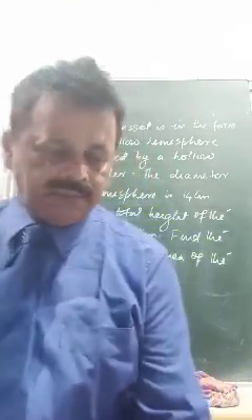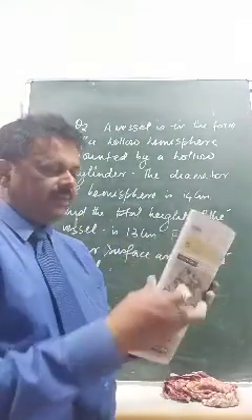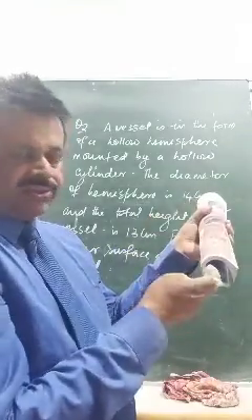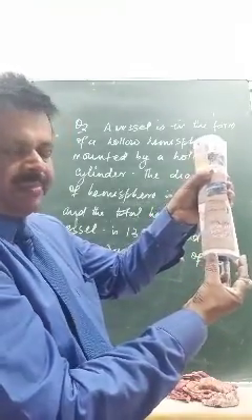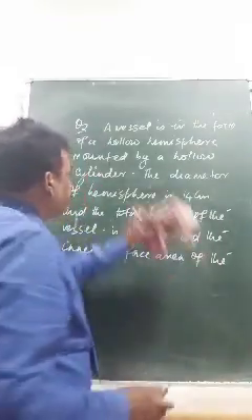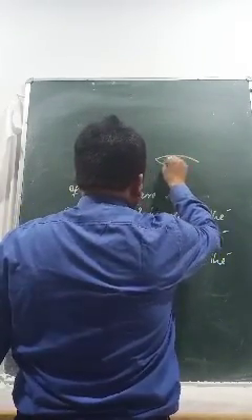Okay, try to understand. Hollow is empty like this. This is empty. This is also empty. Here you are keeping a hemisphere like this. So your situation will be like this. There is a hemisphere.